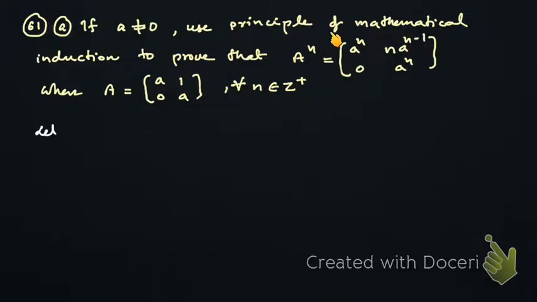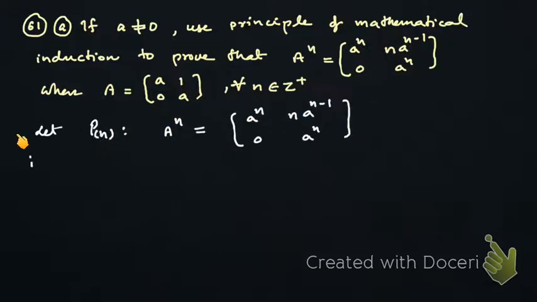This is the result I have to prove. So you had one whole chapter on mathematical induction last year. As I do this, you will remember. So I'm going to call the result to be proved P of n. There are 3 stages, and the first stage is assuming n is equal to 1.